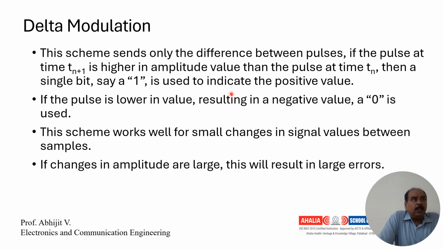In differential pulse code modulation, what we did was transmit only the difference between two adjacent samples. Here, we are sensing the amplitude of the pulses, and the difference between the pulses is recorded as a digital value, and only this is transmitted.